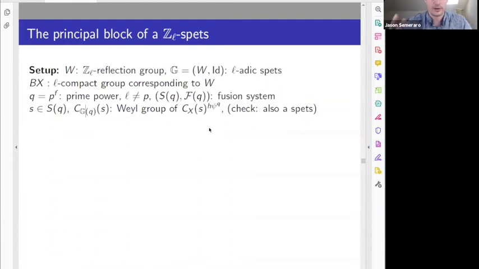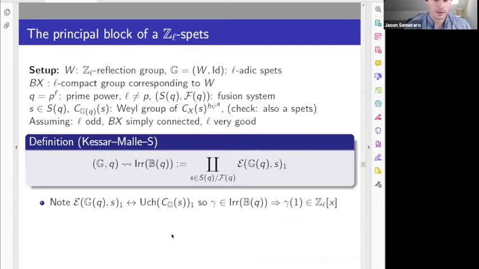So we have now all the ingredients, if you like, that we need to produce a principal block, or at least something like a principal block. So we assume that l is odd, BX is a simply connected l-compact classifying space of an l-compact group, and l is a very good prime. And what we can do is we can associate to the pair (G, q), as above, the set of irreducible characters of the principal block, given in terms of the fusion system, the fixed point fusion system.